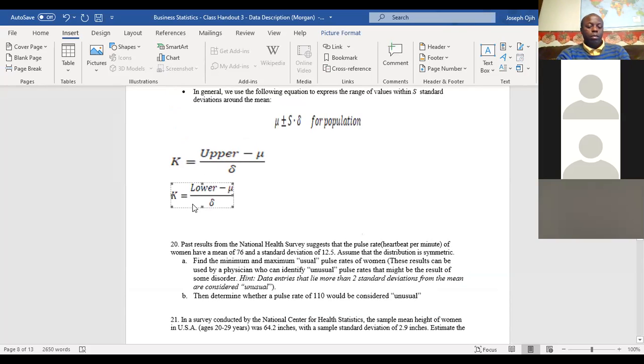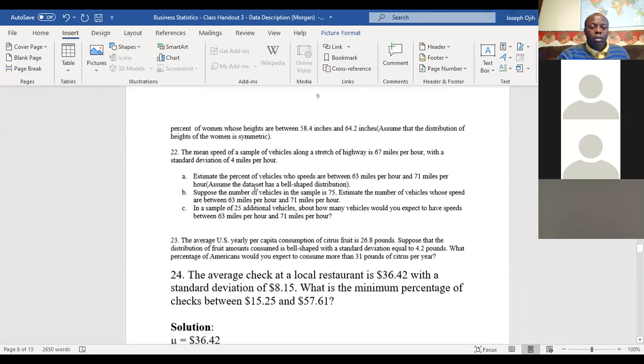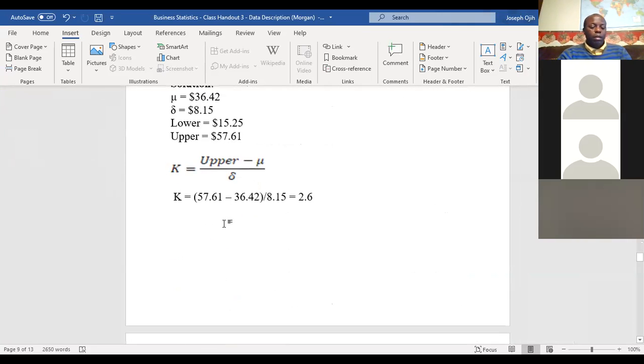So I copy it and I put it right here, where we are. For our check, K is, the lower end here is $15.25, minus the mean, which is $36.42, divided by the standard deviation of $8.15.